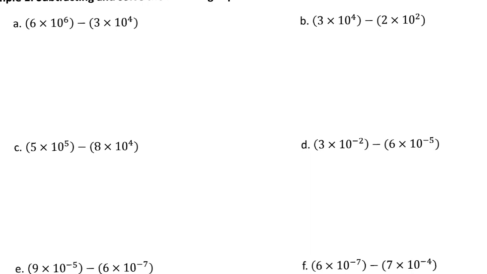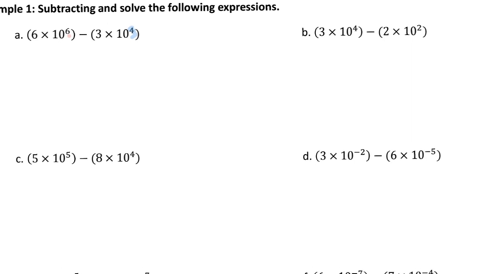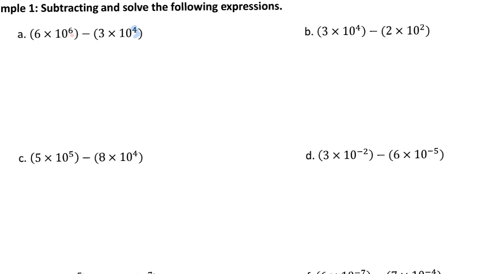So we always keep the smaller exponent. That means we're changing this 6, and we change that by 2 higher. So this becomes 600 times 10 to the 4th minus 3 times 10 to the 4th.